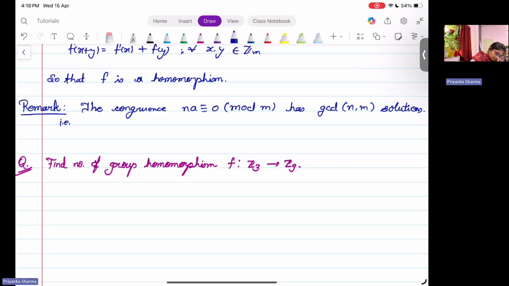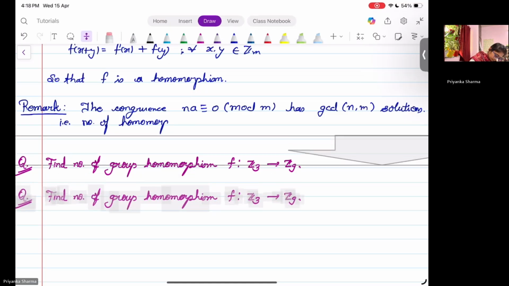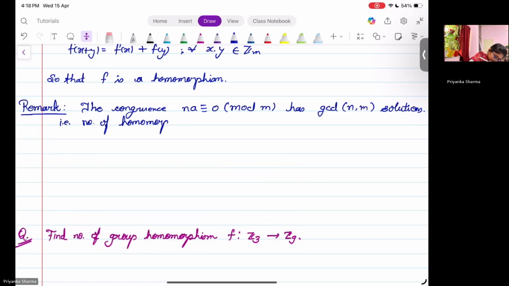That is, we can say that the number of homomorphisms f from Zn to Zm is d, which is the GCD of n and m.